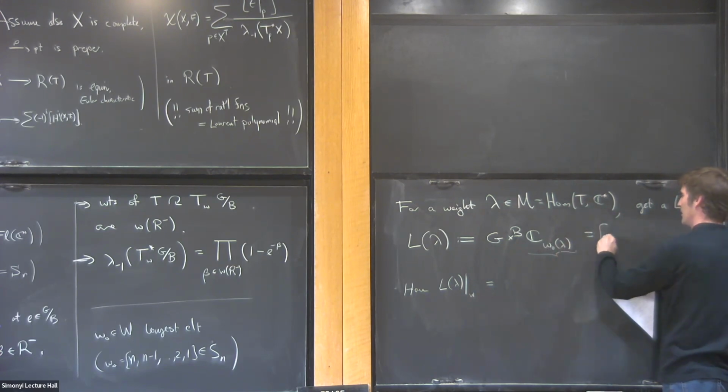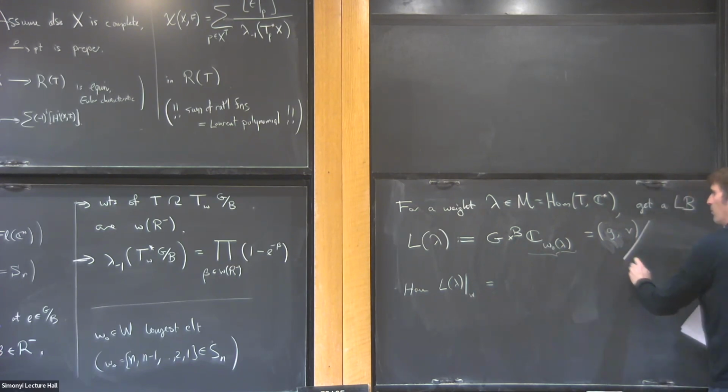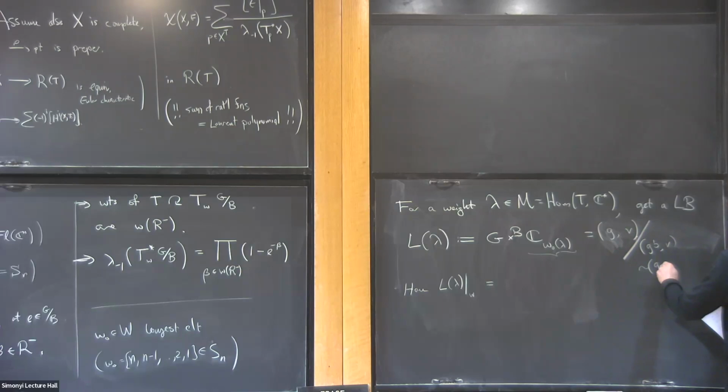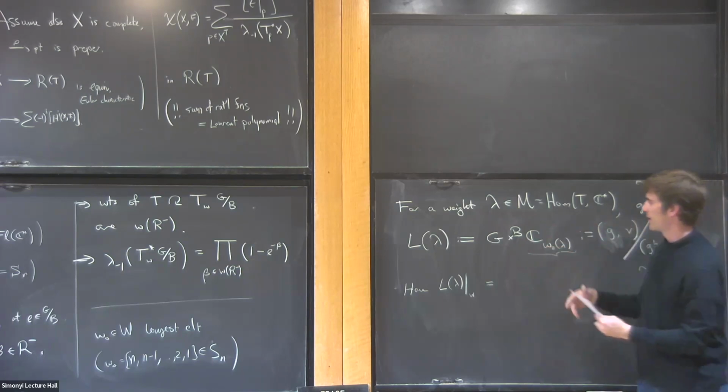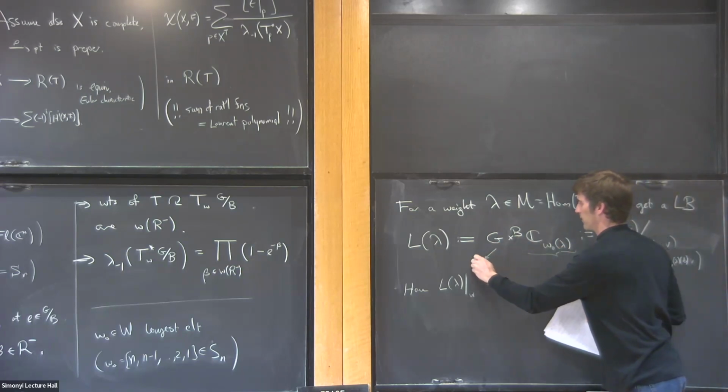This is the set of pairs G and V modulo the relation that multiplying on the right on G is the same as multiplying on the left on V. And the way I multiply on the left is by taking this character and scaling. So that's what this line bundle is. And then it's a line bundle just by projection on the first vector.